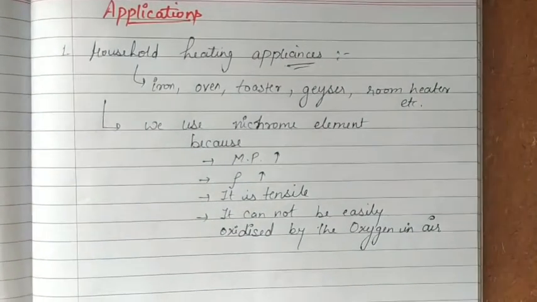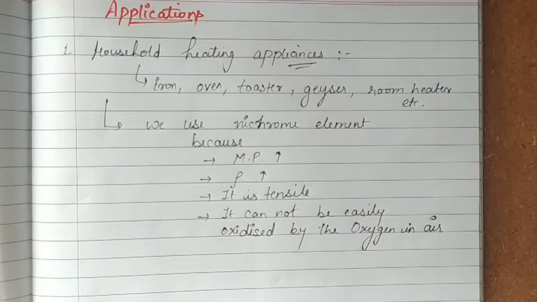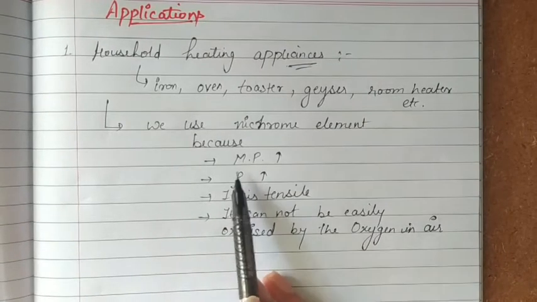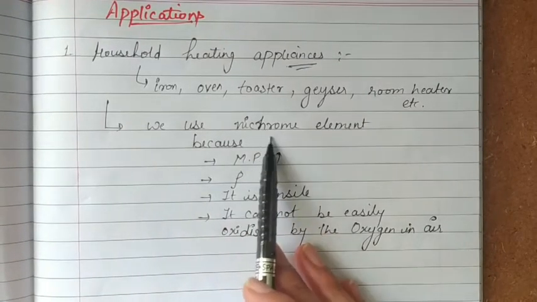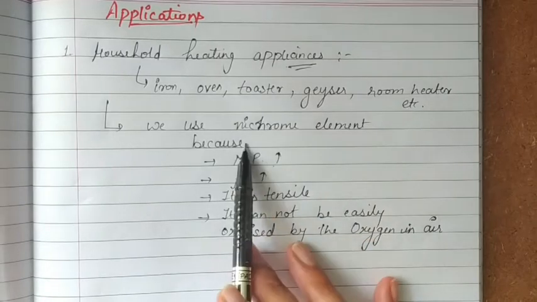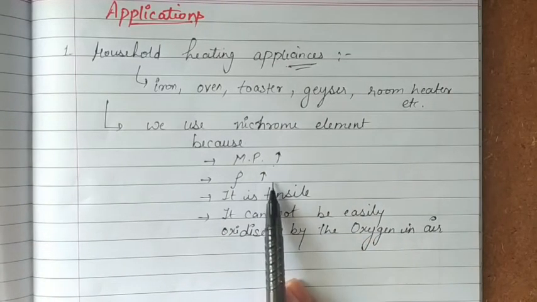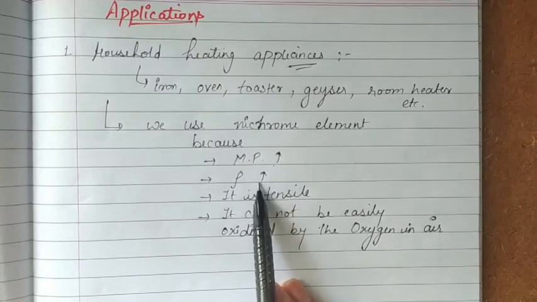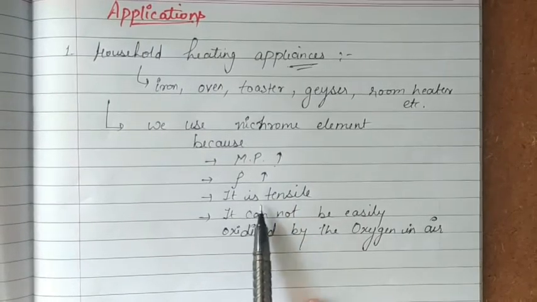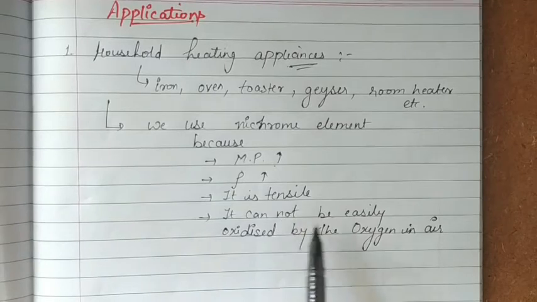So the reason behind using nichrome element is its melting point is high, so you can heat it more without melting. Its resistivity is large, it can resist more, so produce more heat. It is tensile, it means it can be easily drawn into wires.